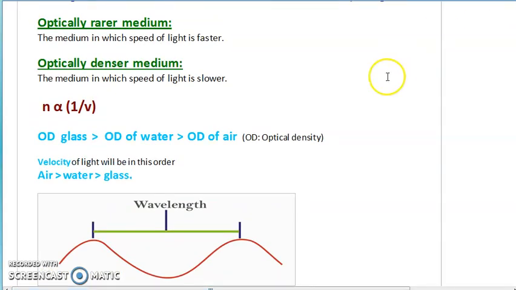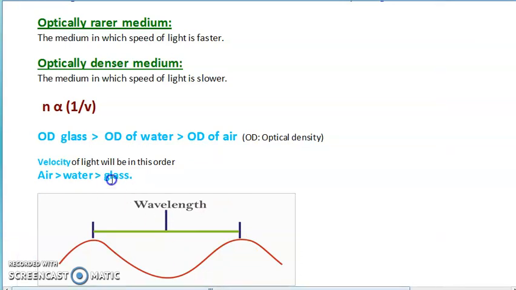What we have decided is that the refractive index of the air is 1, and the speed of the light in air will be more. So if the speed of the light is more, can we take that as an optically rarer medium? Yes. Based on that, we can decide the optical density.